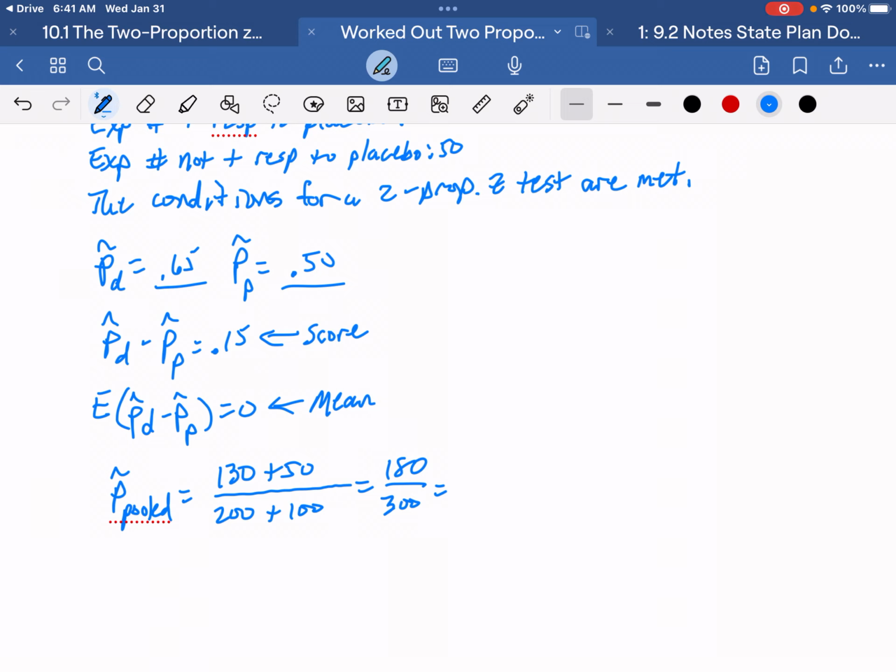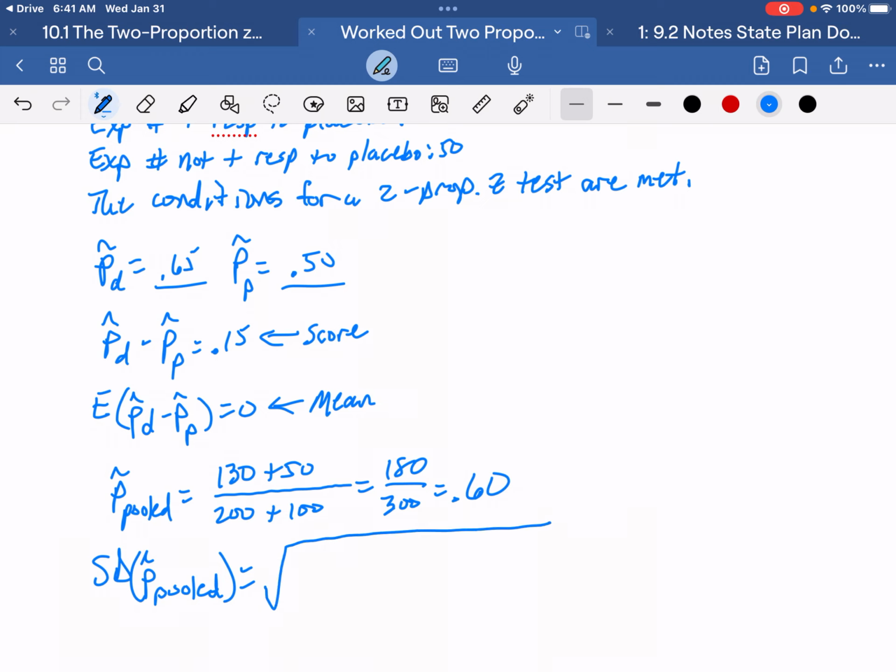If I grab my calculator and get 180 over 300, then we get 60%. So 60% of everybody involved in the study responded positively. Now, the only reason you need that number is because the standard deviation needs p-hat pooled.